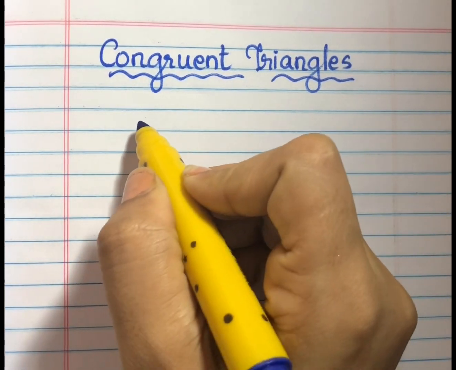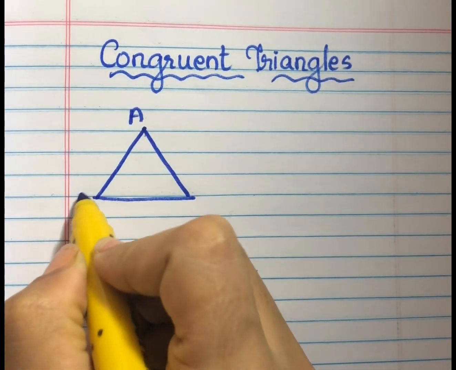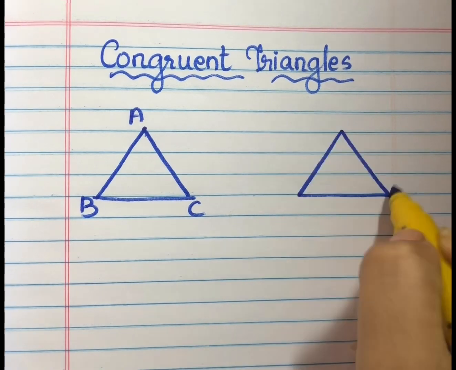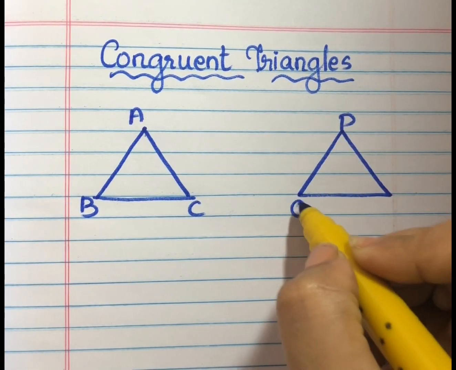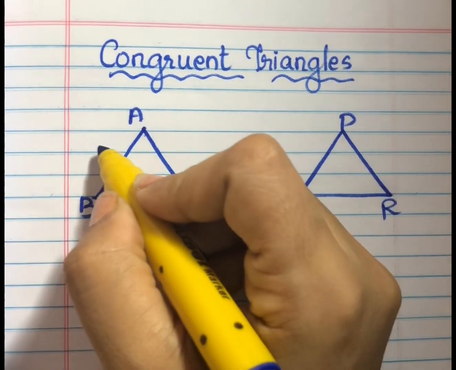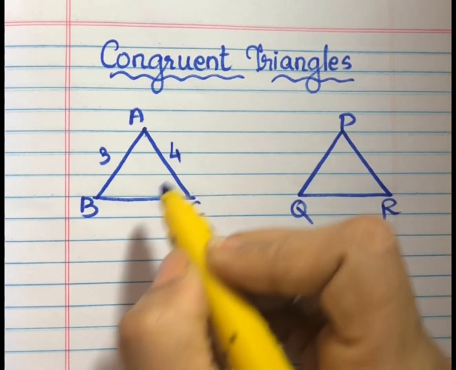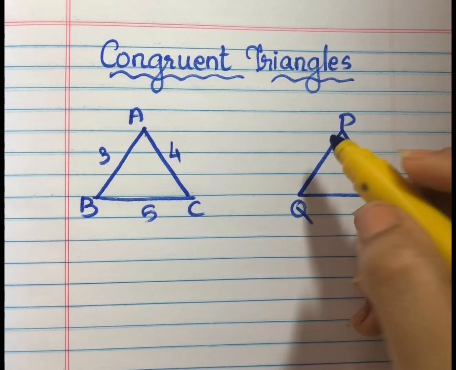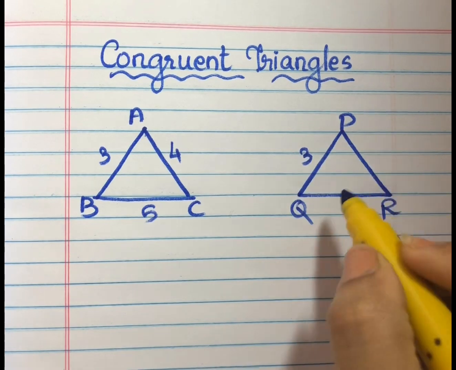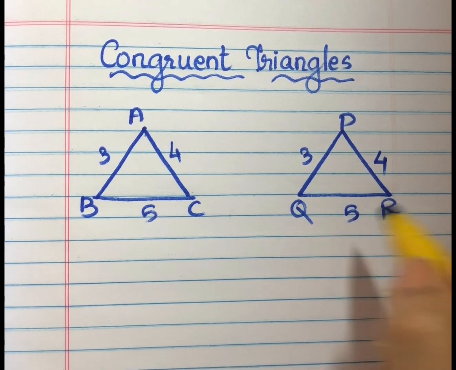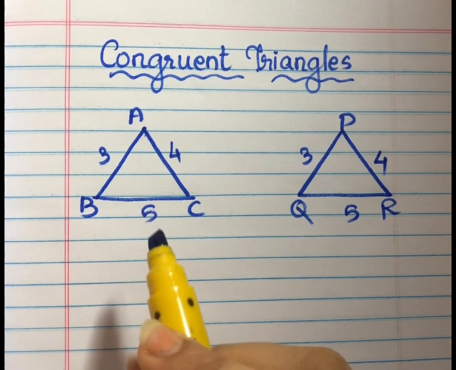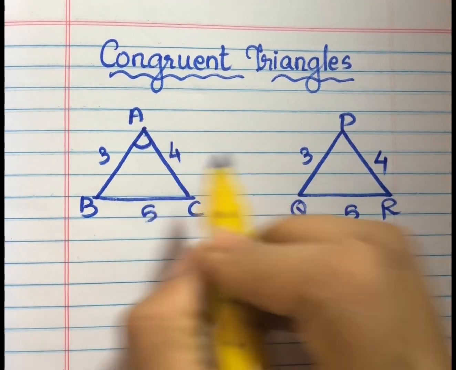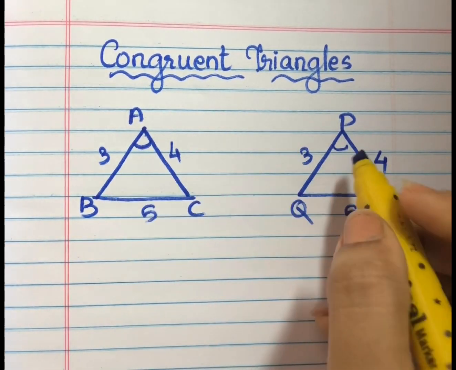For example, triangle ABC and triangle PQR. For example, this is 3, this is 4 and this is 5 centimeter. Similarly, this is also 3, 4 and 5 centimeter. And also the corresponding angles are equal.